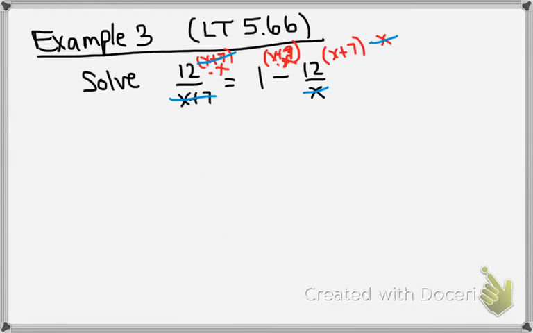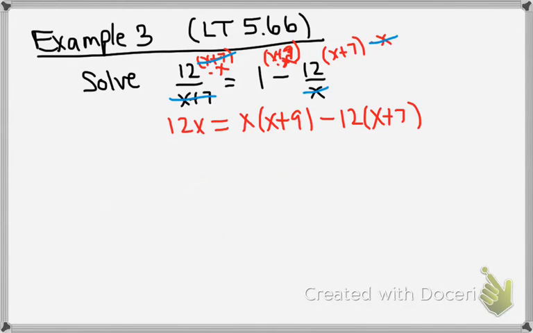So now let's rewrite our problem so we can see what we have left. For the left side of the equation, we have 12x, and then that equals 1 times x plus 9. So I just have the x plus 9 minus 12 times x plus 7.